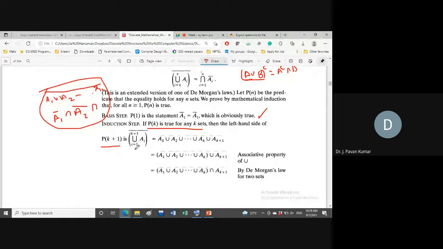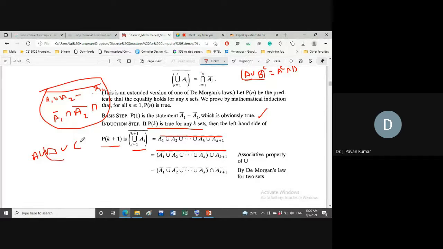What is the LHS of P of k plus 1? It is nothing but A1 union A2 union A3 union so on AK plus 1 whole bar. Now union is associative. A union B union C can be parenthesized in any way, we have discussed this.